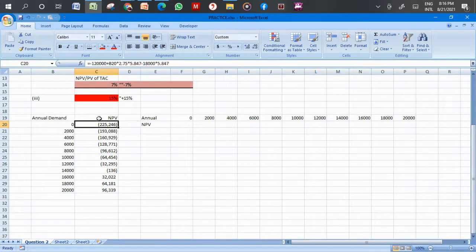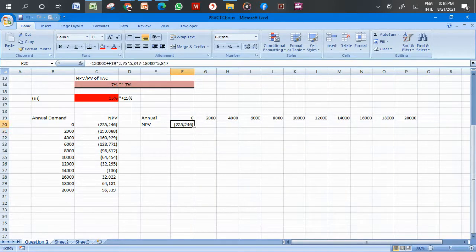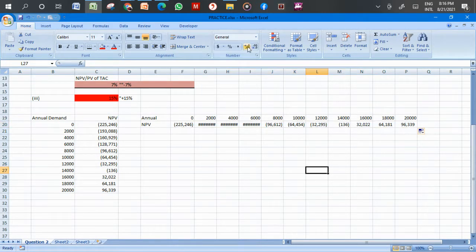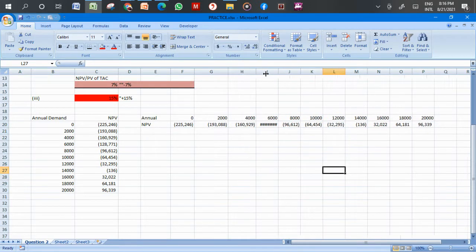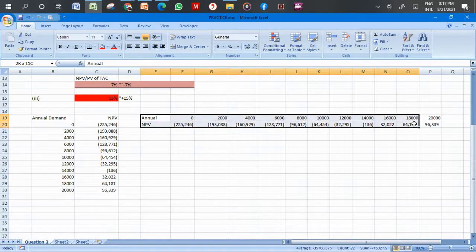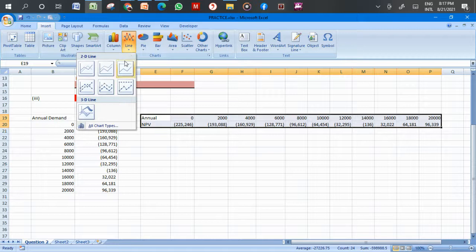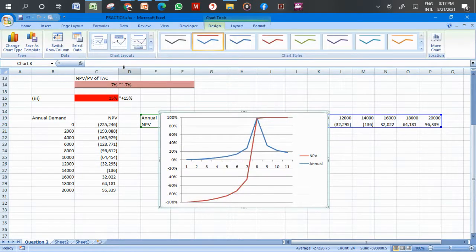So for the NPV, let's just copy the formula here, and then replace this one like this. Then we can just drag the formula. Now try to insert a graph again. It's because my Excel is old, so it's not giving me the option.